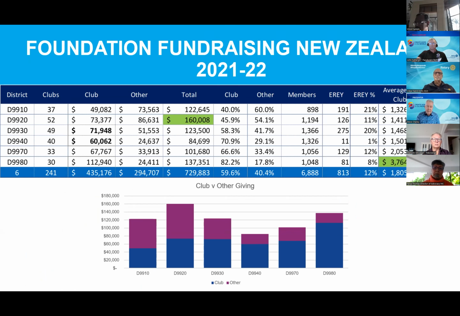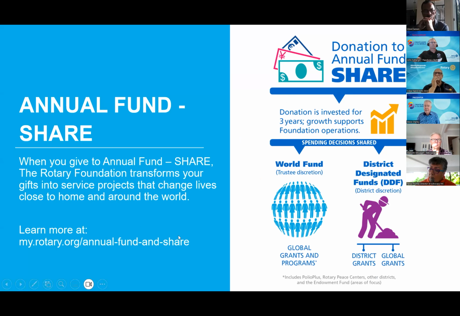So the money that's coming in is from Rotarians, from clubs, from private individuals, and from corporate. So in terms of the annual fund, what's fundraised in a year, in 3 years' time, that's what you get as DDF.